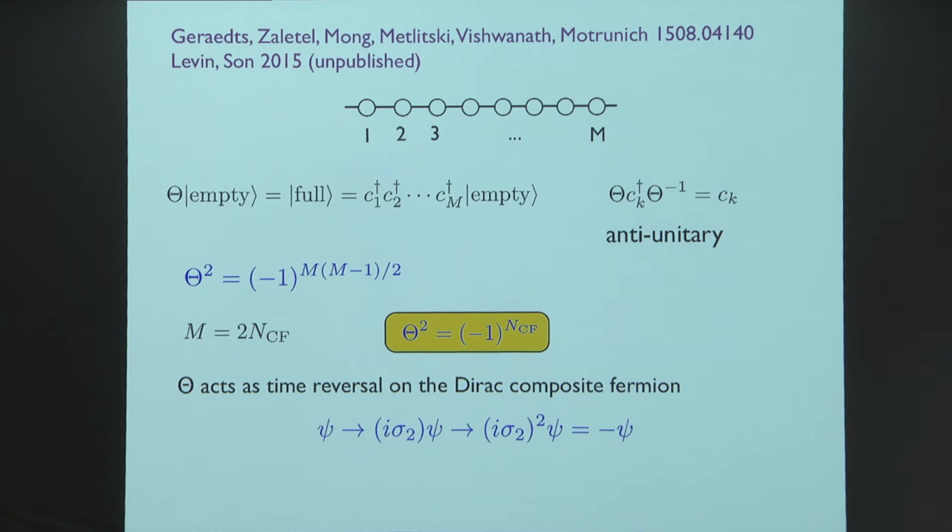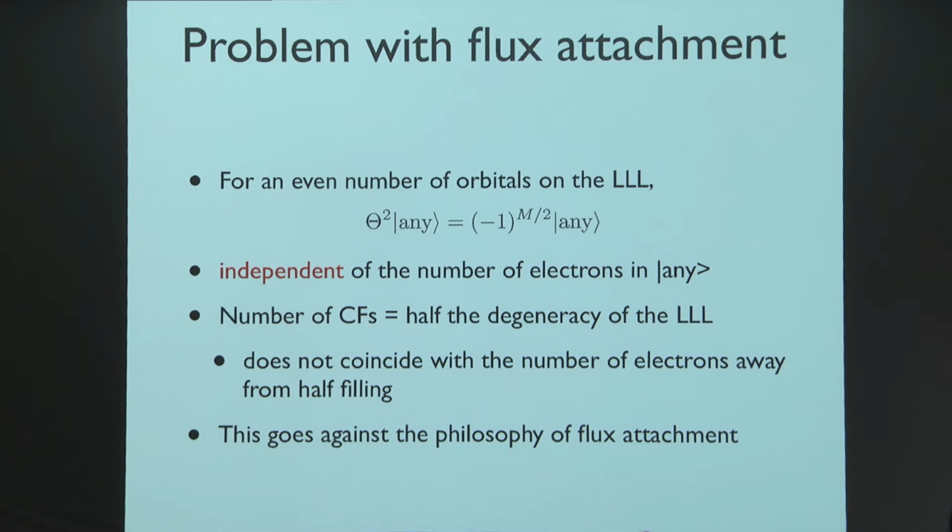At the level of the wave function, that's usually how I would define time reversal. But if we do the calculation carefully, we would get this relation, which is most important for our discussion. And for Dirac composite fermions, theta square is known to be minus 1 to the power of the number of composite fermions.